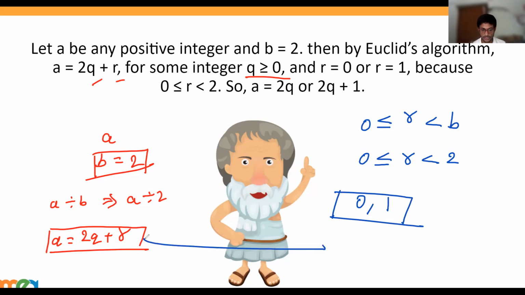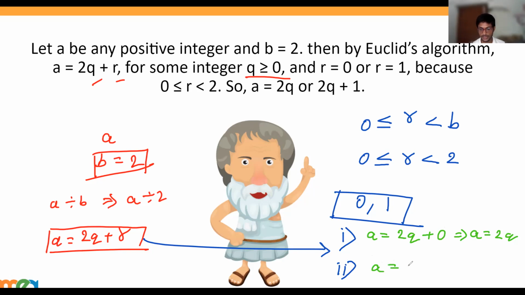So we can transform this equation into case 1 and case 2. There will be two cases. In the first case, we consider r as 0, so a equals 2q plus 0, which implies a equals 2q.